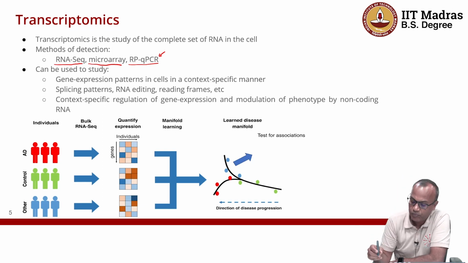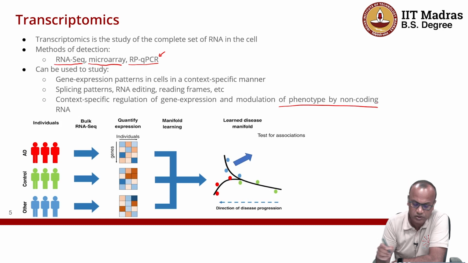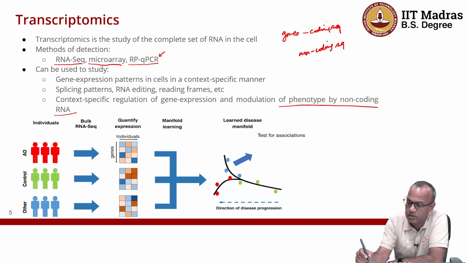And more importantly, something that we are recently realizing is that the phenotype is not only determined by the genes, which are called the coding sequences, but also by non-coding sequences. A coding sequence will go on to make protein. Non-coding sequences will only produce RNA and not produce protein, as far as we know at the moment.